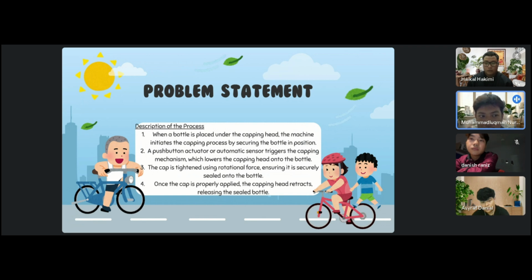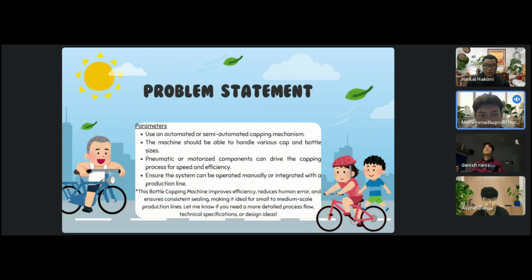Once retracted, the bottle is no longer held in position and is released from the machine grips. The sealed bottle is then ready to be moved along the production line for further processing, such as labeling, packaging, or quality inspection. This final step ensures a smooth transition to the next stage of the manufacturing process while maintaining efficiency and consistency.